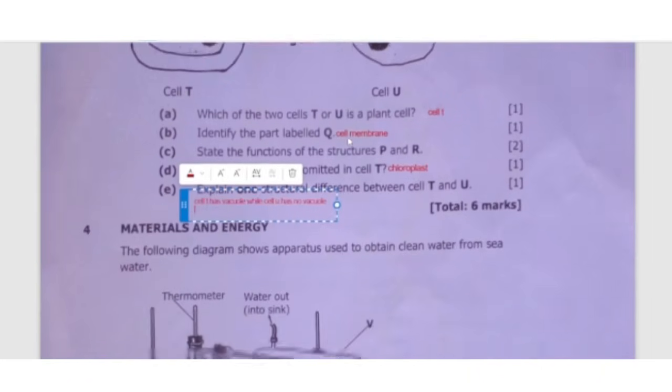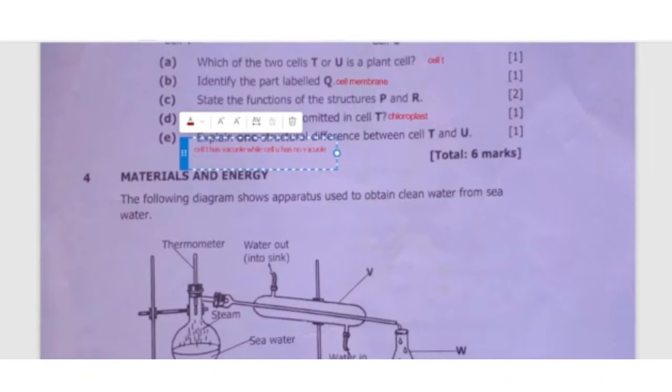So what we can say is, cell T has a cell wall, while cell U has no cell wall.